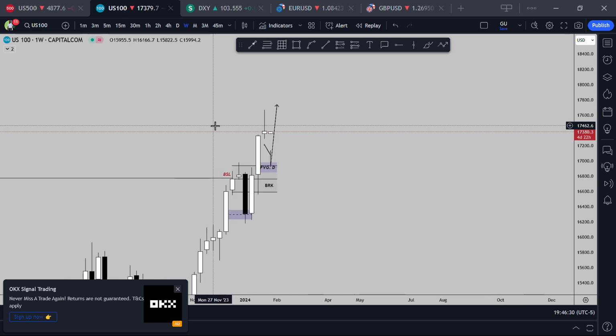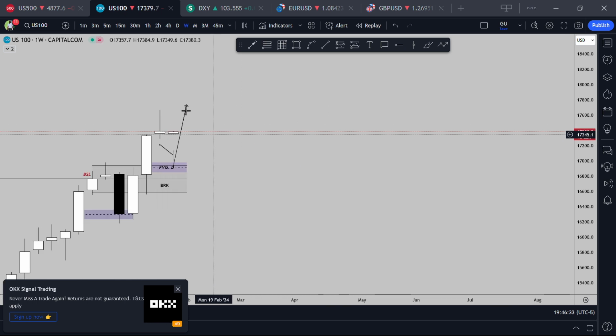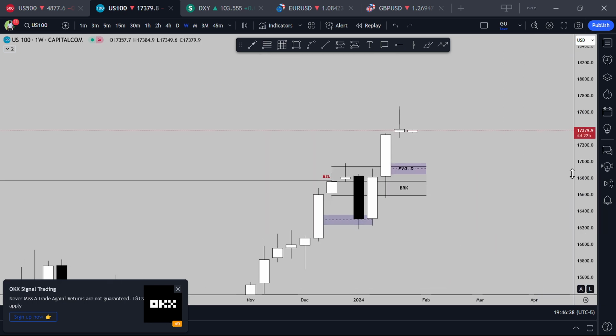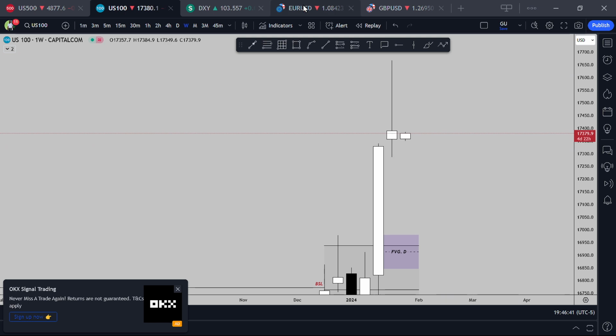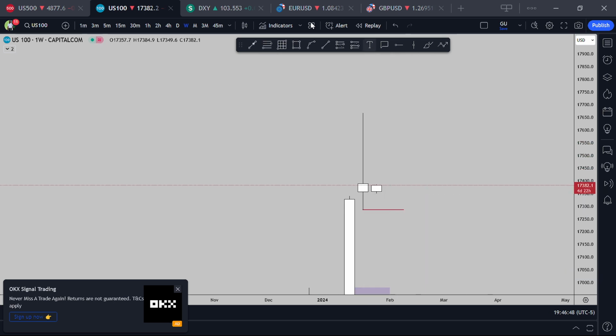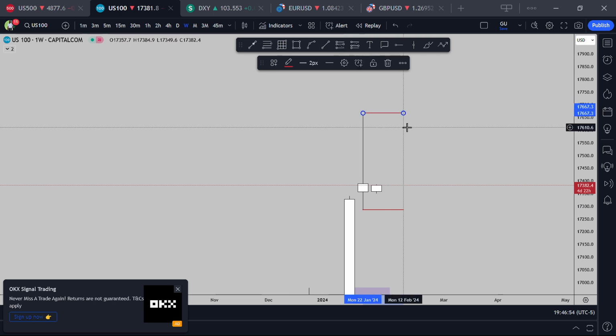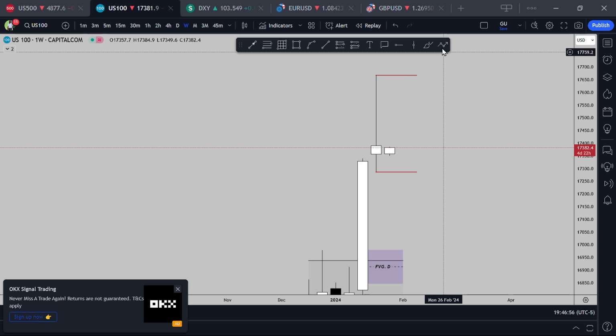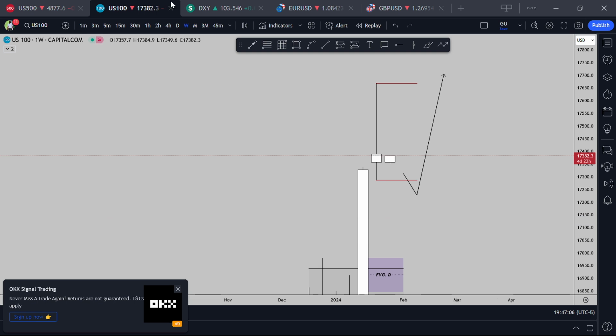So going into this week, looking at the weekly chart, we have this weekly fair value gap. So I would love to see Nasdaq taking previous week's low as liquidity into the weekly fair value gap to then attack the previous week's high. So going into this week, I'm bullish on Nasdaq, but I want to see price dip below previous week's low into this fair value gap to attack this. So this would be a turtle soup scenario that we can expect.